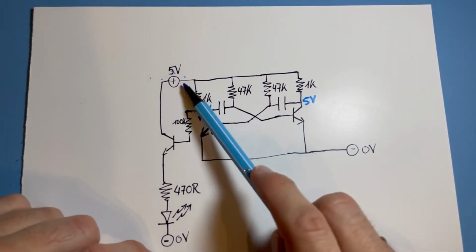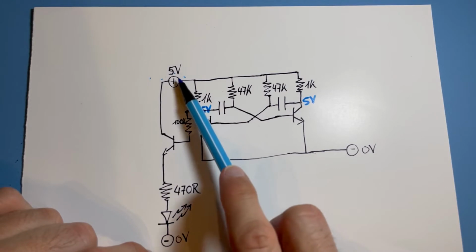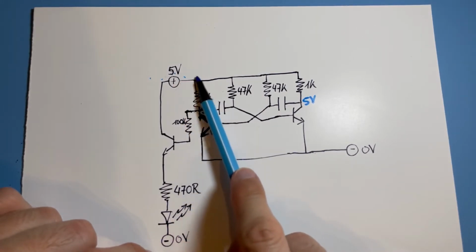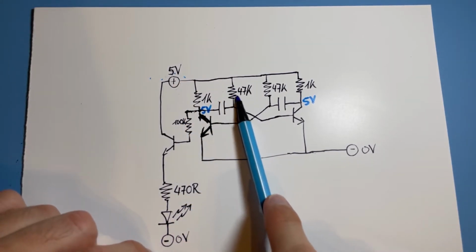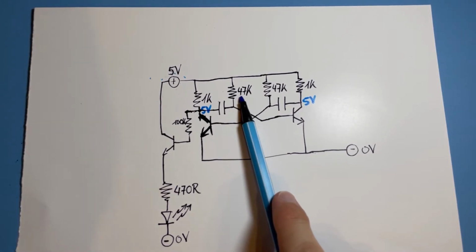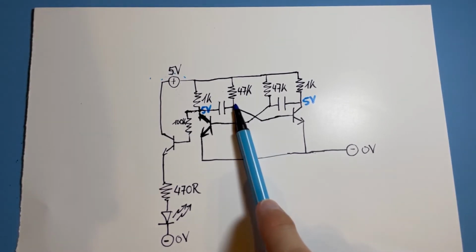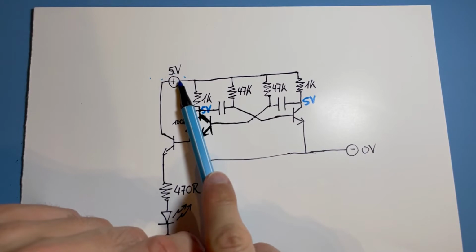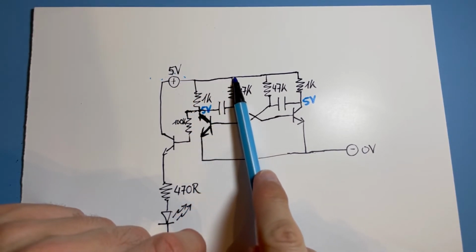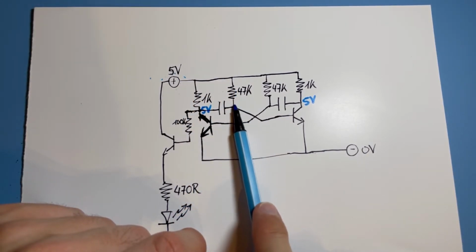And through this resistor here, to the first bigger resistor, this 47K, we can ask ourselves, okay, what's happening? So we have here a path of the 47K resistor.